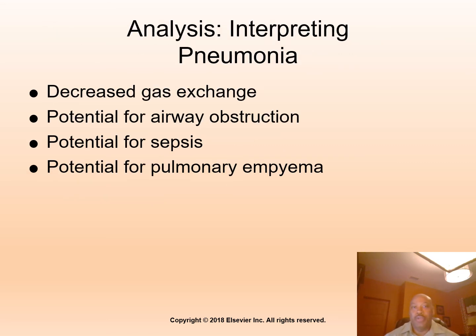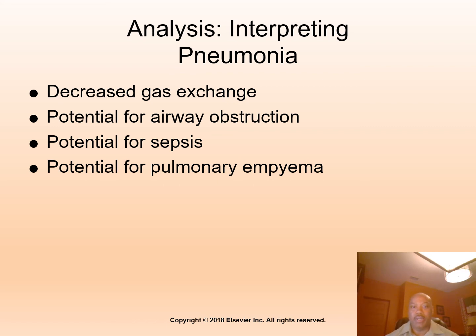Now, I would like for you to read the priority problems for pneumonia on page 603 and its related tools. You'll see, for example, potential for sepsis related to the presence of microorganisms in a very vascular area and decreased immunity as well.